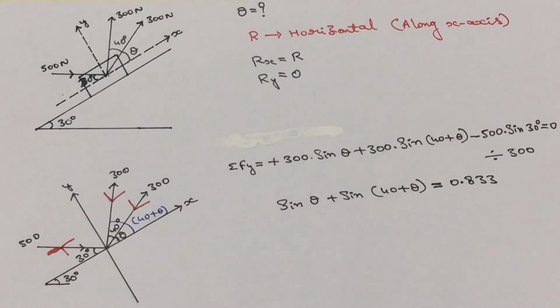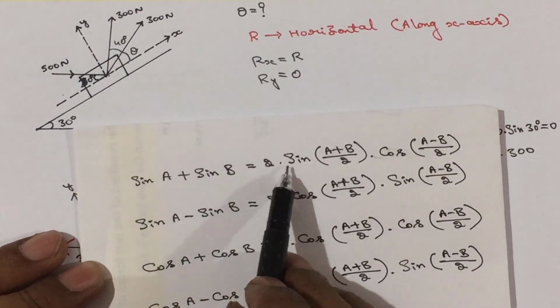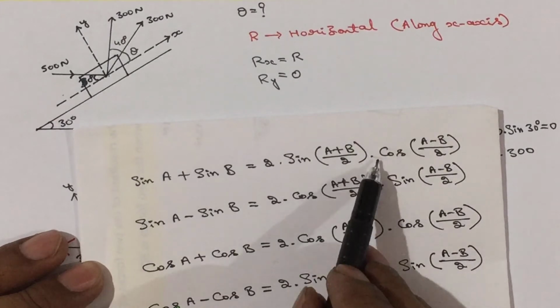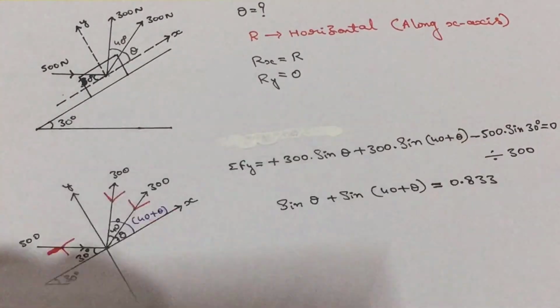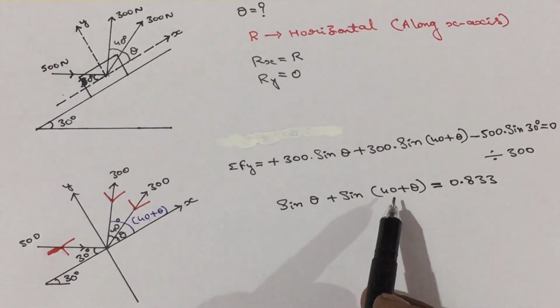Then it is of the form sin A plus sin B. For sin A plus sin B, we have the formula 2 sin of (A plus B) by 2 into cos of (A minus B) by 2, where A is theta, B is 40 plus theta.